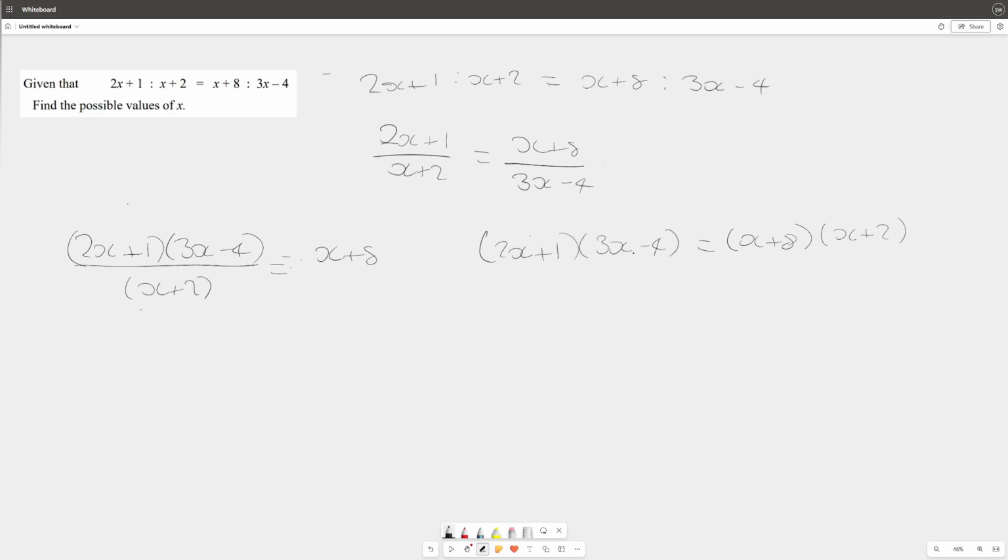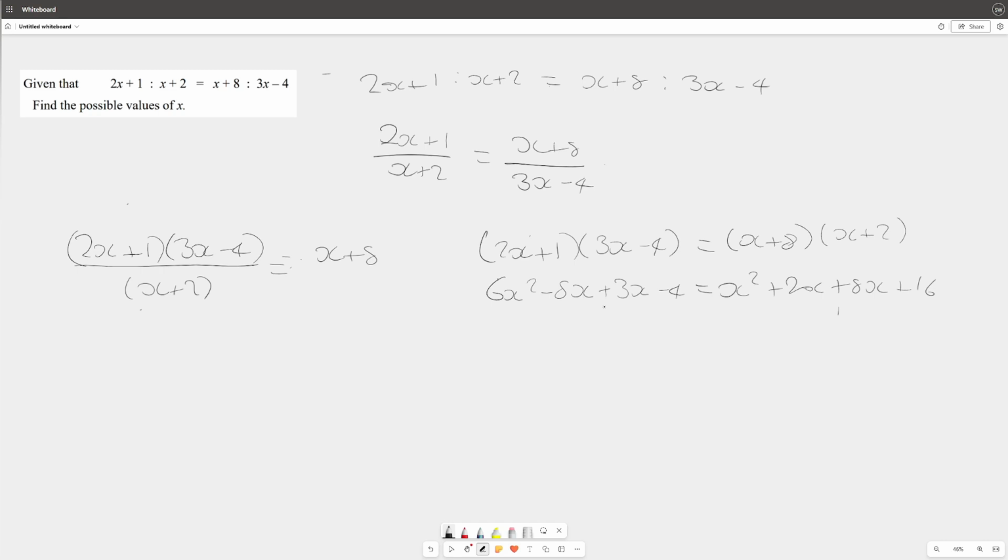So we can expand this to get 6x squared minus 8x plus 3x minus 4 is going to equal x squared plus 2x plus 8x plus 16. So we then want to get all of our x squareds on one side, all of our x's on one side, and all of our normal numbers on one side.